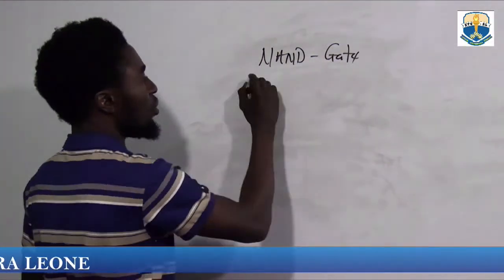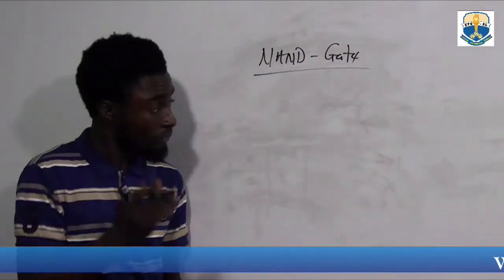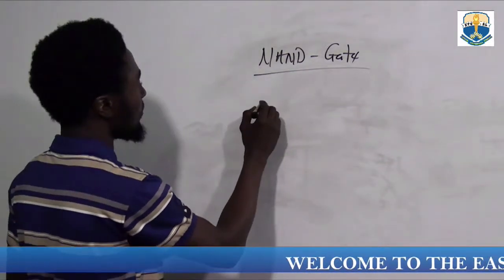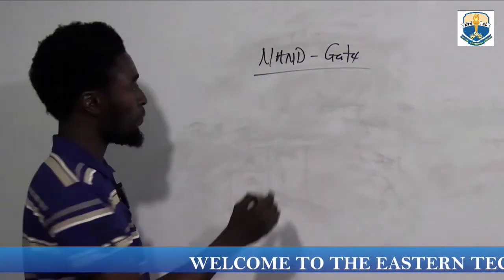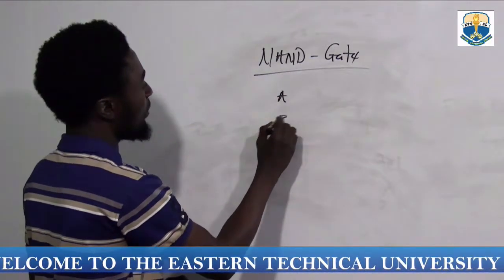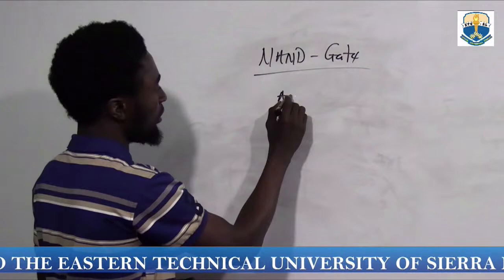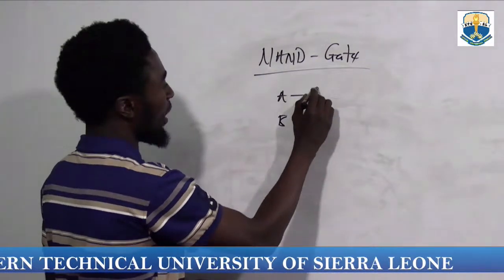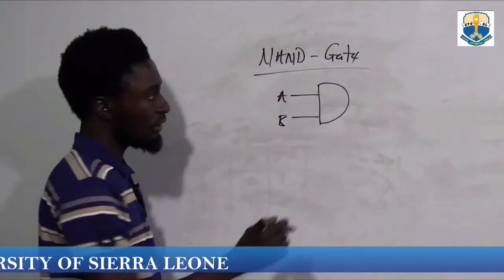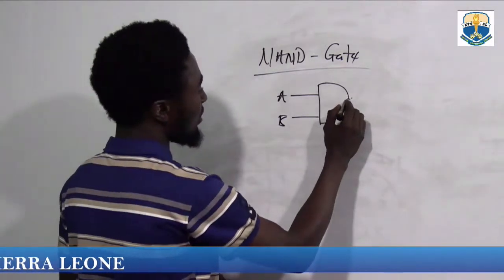So for our NAND gate, let's still maintain the 2 inputs, input A and input B. So we have first the AND gate, and we invert using the inverter.